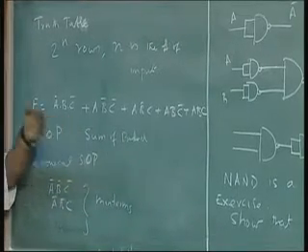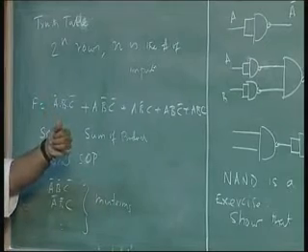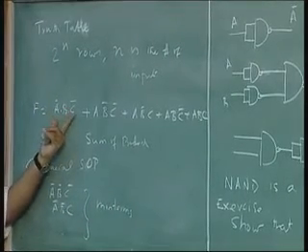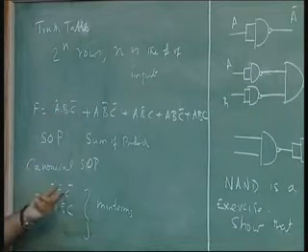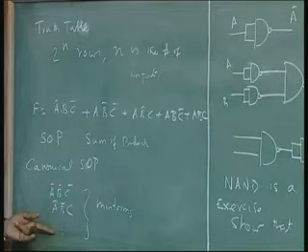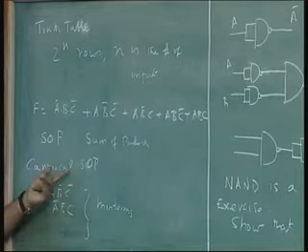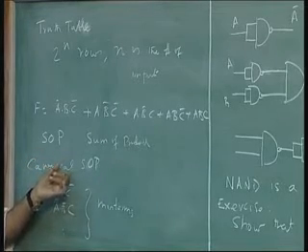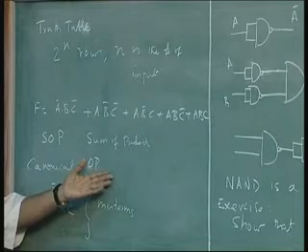So I want you to know the truth table, what a product term is, what a sum of products is, and what is meant by a min term. A min term is what you have in the truth table directly, and the term canonical refers to the output read directly from the truth table.